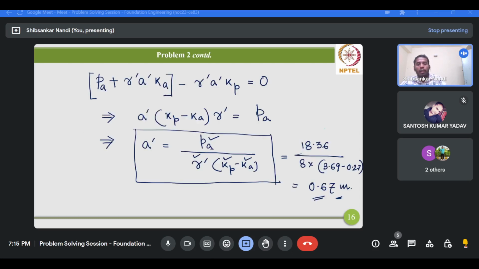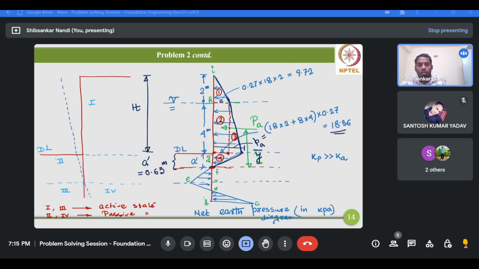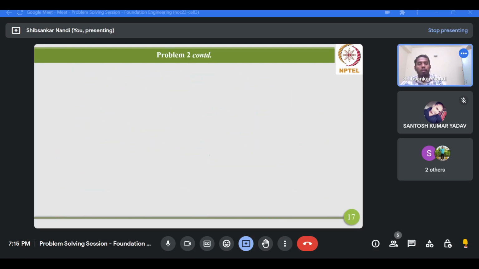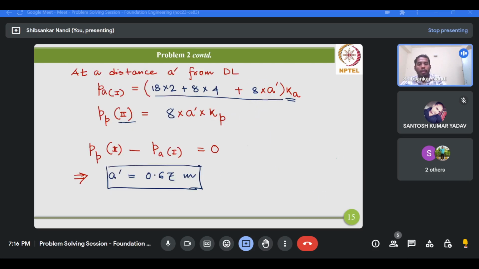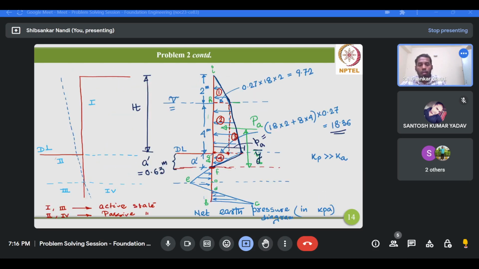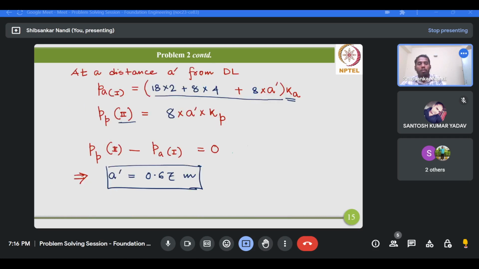Now coming to rectangle 2, this will be simply 4 by 2 plus 0.67. And triangle 3 will be 4 by 3, so from this side it's 4 by 3 plus 0.67.